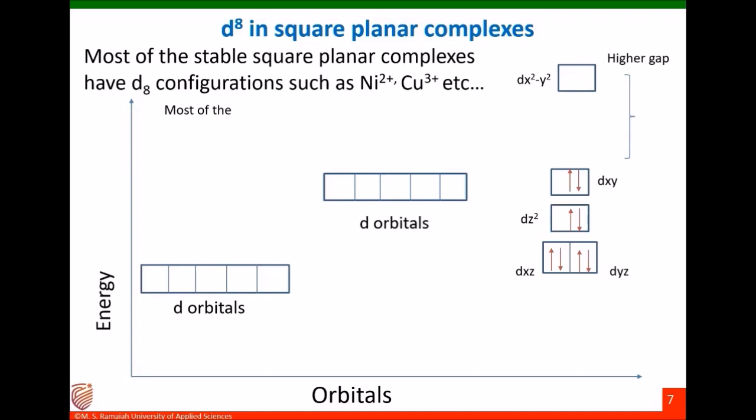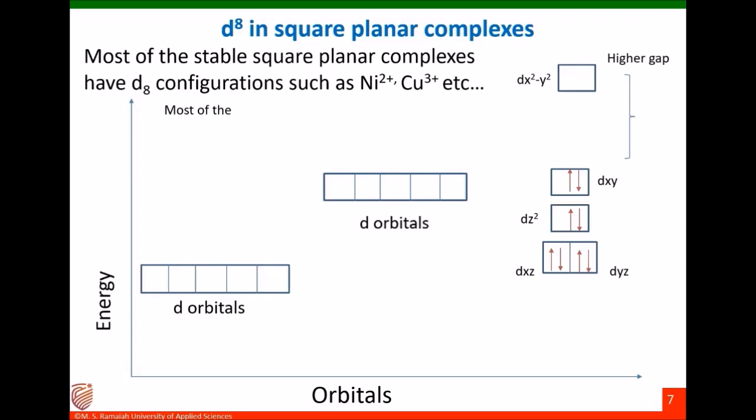Now we have to fill the electrons. Total 8 electrons are there, and they should be filled, 1 in dxz, 1 in dyz, 1 in dz square, 1 in dxy. So totally 4 electrons are used. Then the remaining 4, again 1 in dxz, 1 in dyz, 1 in dz square, and 1 in dxy.